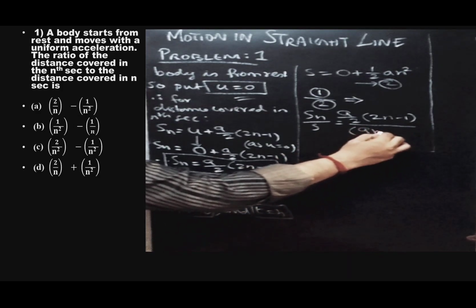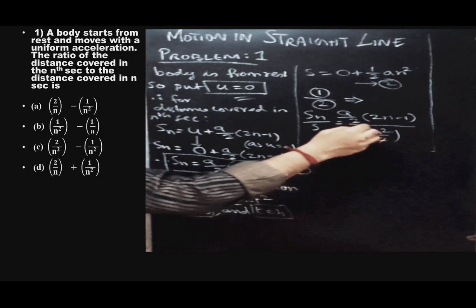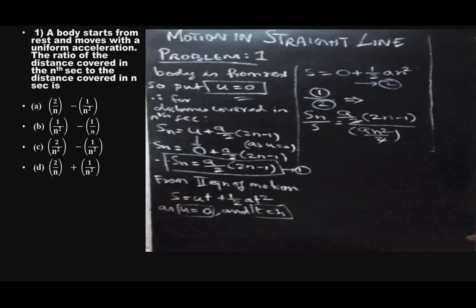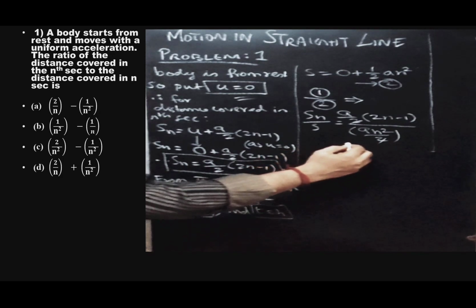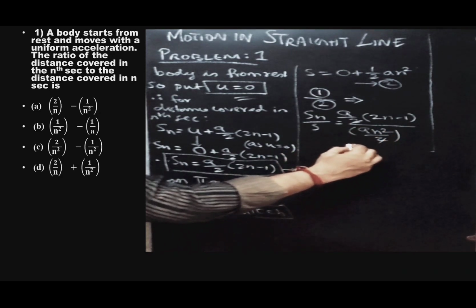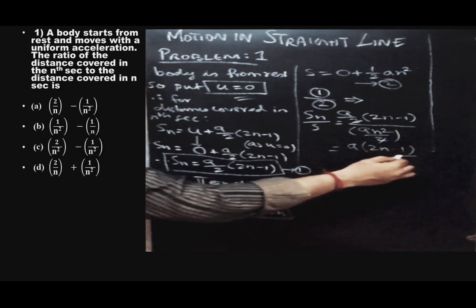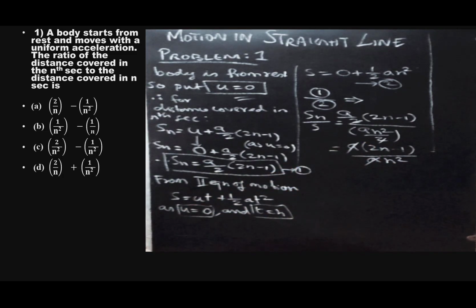The 2 and 2 get cancelled, so I can directly remove them. Rewriting the expression, it is a into 2n minus 1 divided by a into n square. Once again a and a get cancelled. So 2n minus 1 by n square. We can write it as 2n by n square minus 1 by n square.